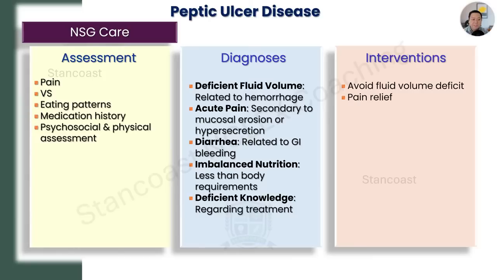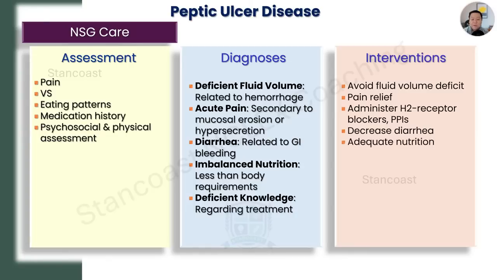So we're going to administer the prescribed pain medications and avoid the use of irritants such as NSAIDs. Now, we also need to administer the H2 receptor blockers, the PPIs, and barrier protectants. Also, we need to decrease their incidence of diarrhea, monitor their pattern of elimination, and administer antidiarrheals. We also need to maintain their nutrition.